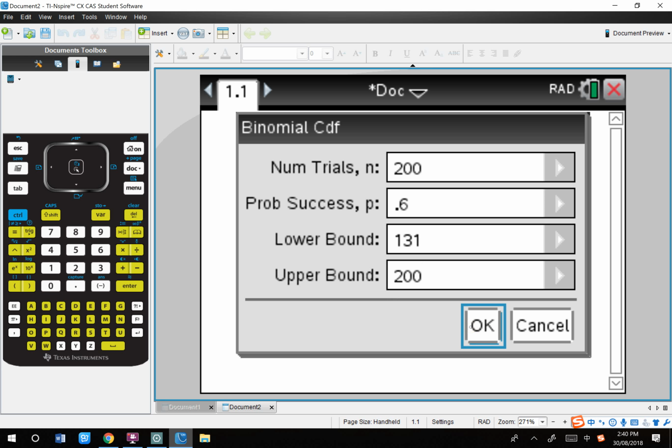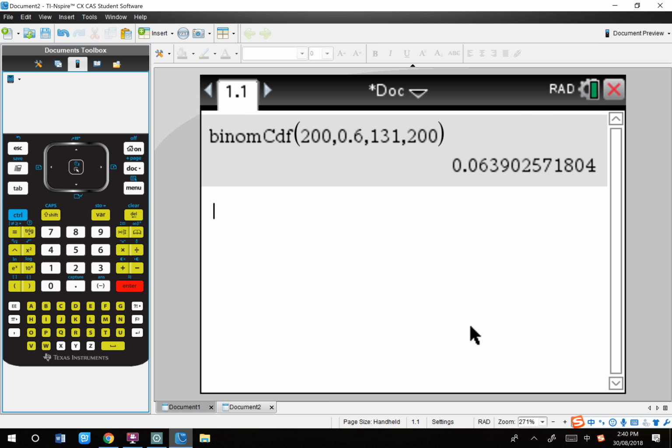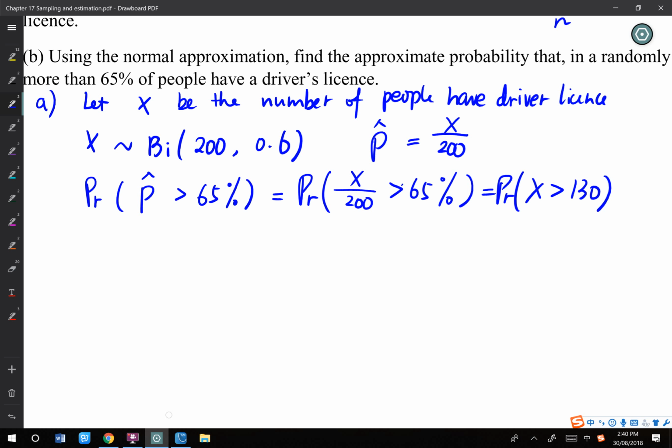Click enter. We have 0.0639. Let's give 4 decimal places. Okay, that's the probability. This is a quite exact probability.